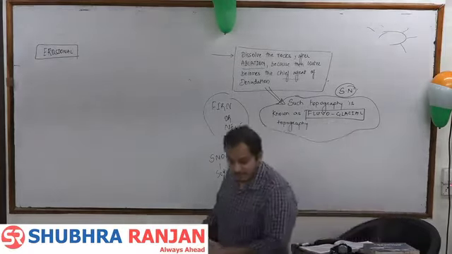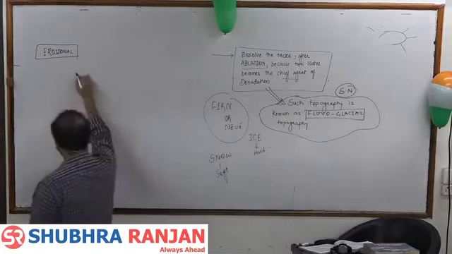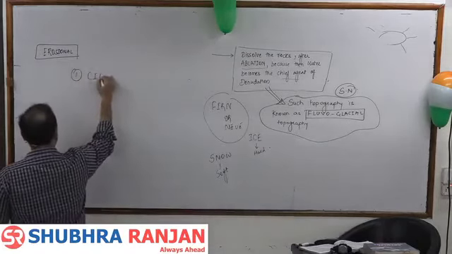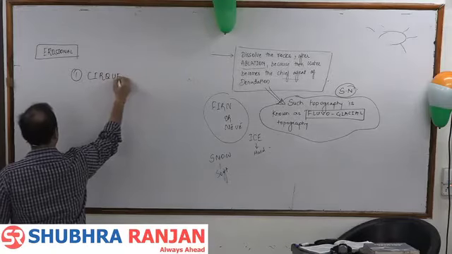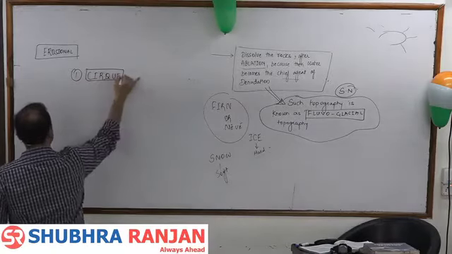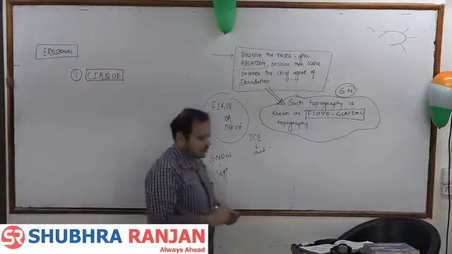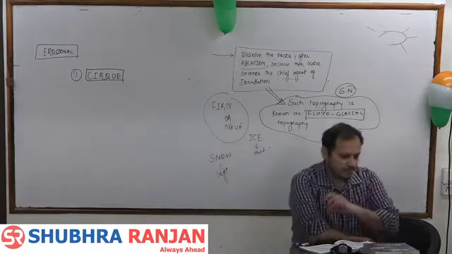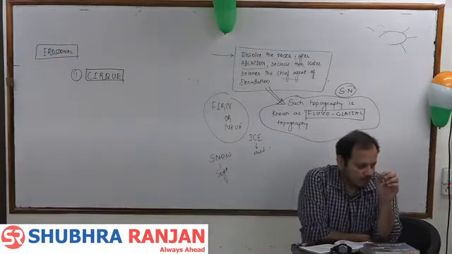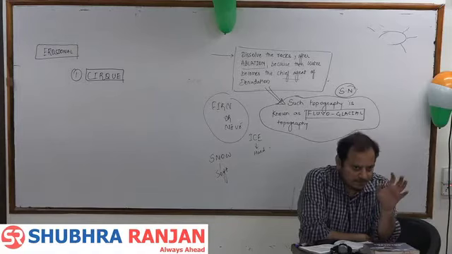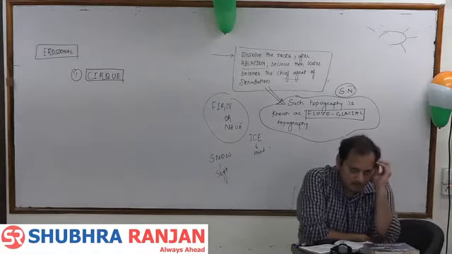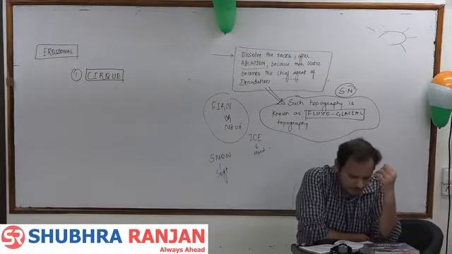Erosional landforms of glaciation. First is cirque. Cirque. सिर्फ कीवर्ड्स दे रहा हूं. U-shaped glacial trough.